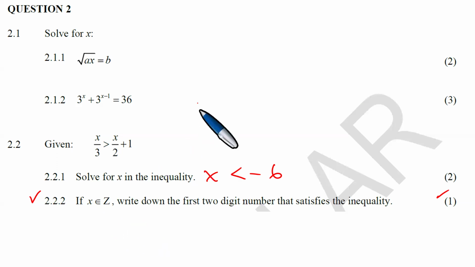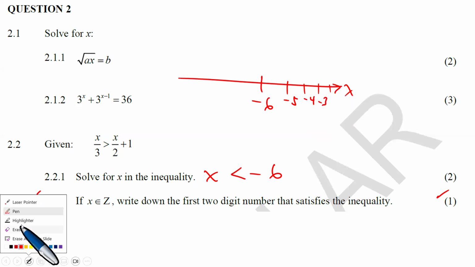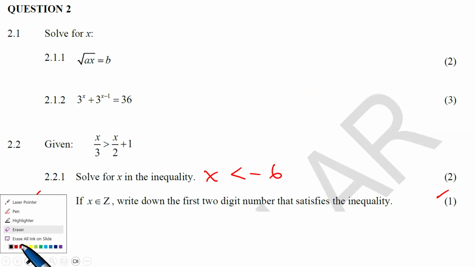Okay, that's fine. So now, you know what you need to do here? You need to go back to the basics and say there's -6 on the number line, and there's -5, and there's -4, and there's -3, and okay, let me just write a nicer number line here for somebody to play around with.